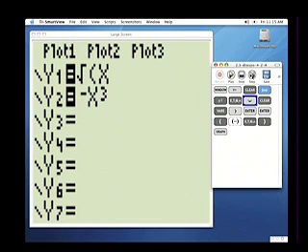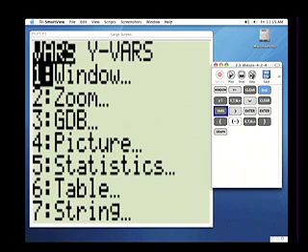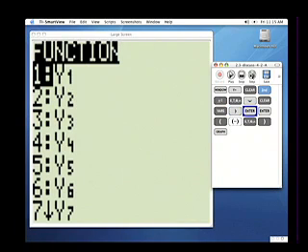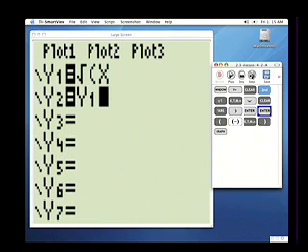Let's move down to y sub 2 and then clear out that negative x cubed, and this time let's enter the way that I showed you before, the variable, then hit the right hand move key, then the enter key, which is going to allow us to take y sub 1, and then we want to put in the parenthesis with a negative, and then x followed by the parenthesis.